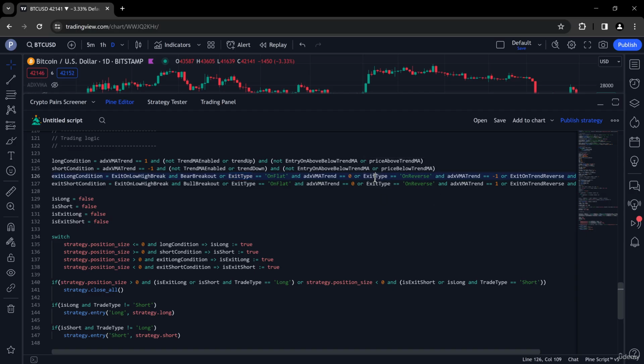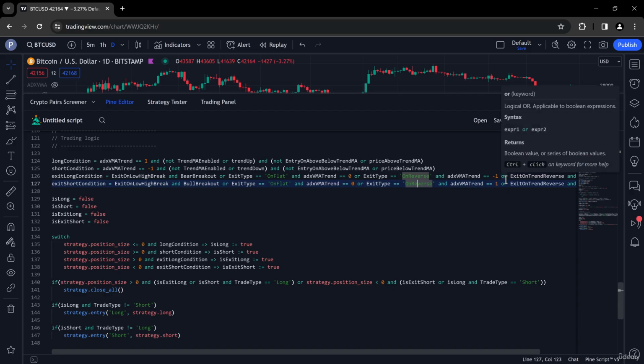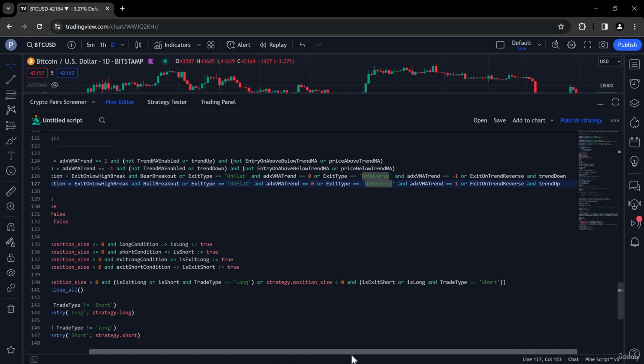And for example, when exit type is on reverse, then we are going to evaluate whether ADX VMA trend is down. And depending on that, we are going to set exit long condition to true. And the same applies to the last parameter and variable that is used in this condition.